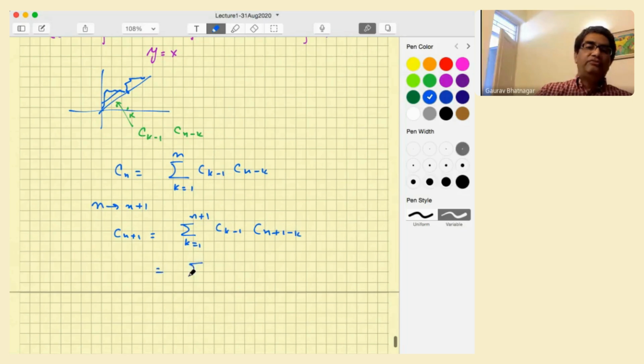And then you shift this index, because k is going from 1, so you can do k equal to 0 to n, and Ck. And here you replace k by k minus 1.